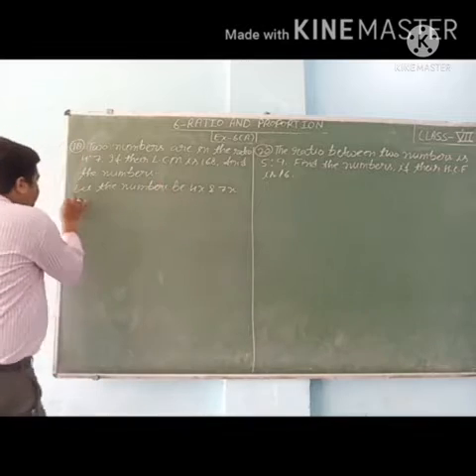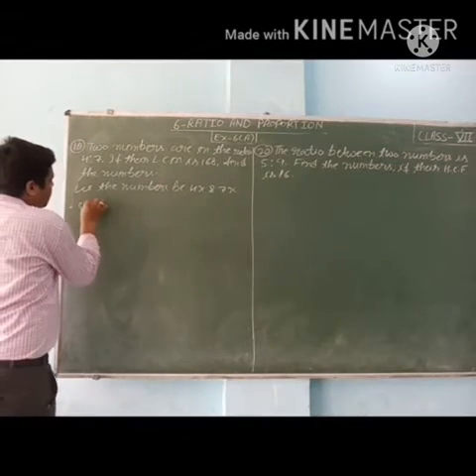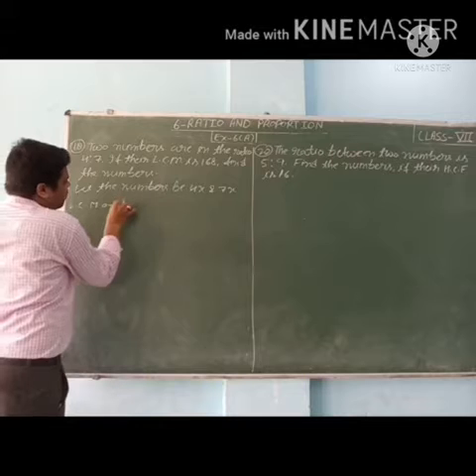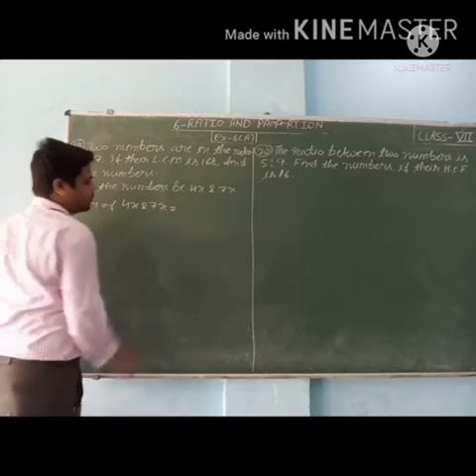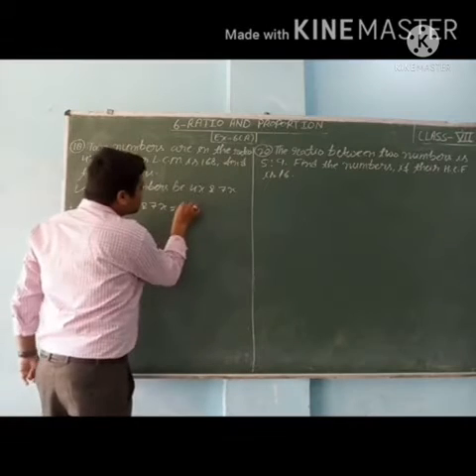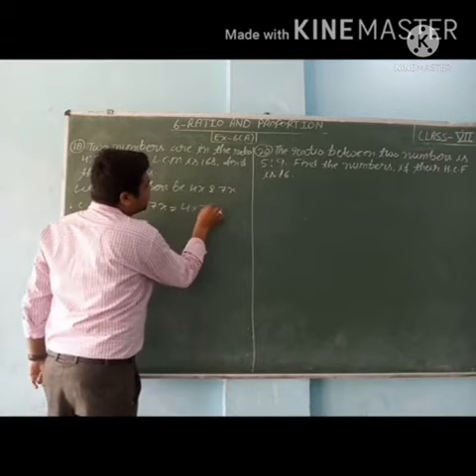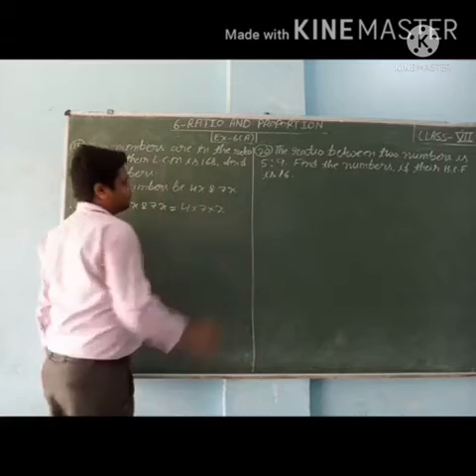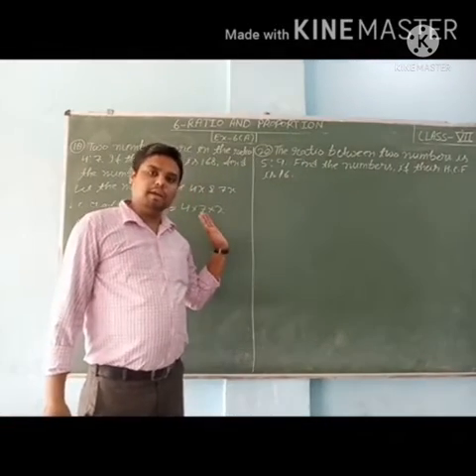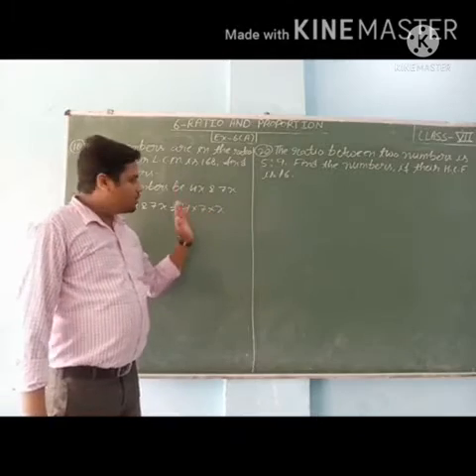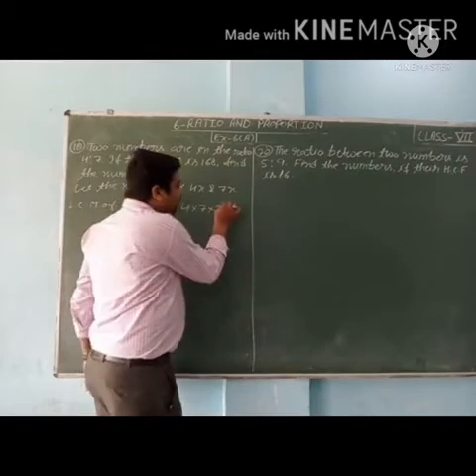So the LCM of 4x and 7x is equal to 4 multiply 7 multiply x. In the x flow, we had taken only x.